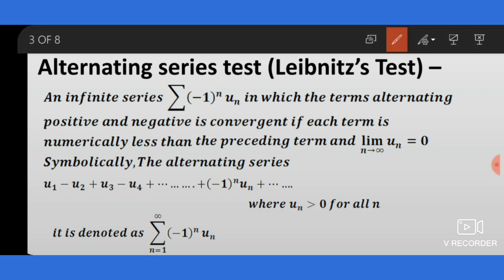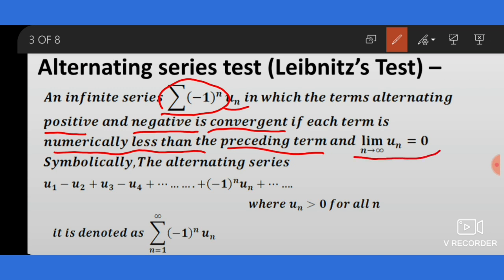An infinite series summation (-1)^n un in which the terms are alternately positive and negative is convergent if each term is numerically less than the preceding term and limit n goes to infinity of un equals 0. Symbolically, the alternating series u1 minus u2 plus u3 plus so on plus (-1)^n un plus so on, where un is greater than 0 for all n, is denoted as summation 1 to infinity (-1)^n un.